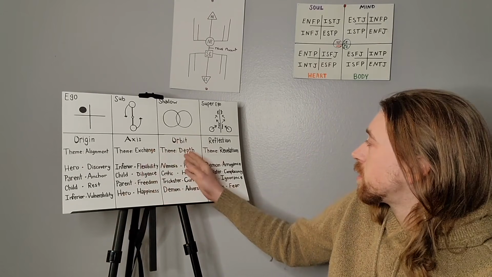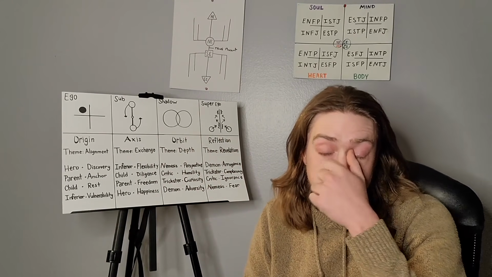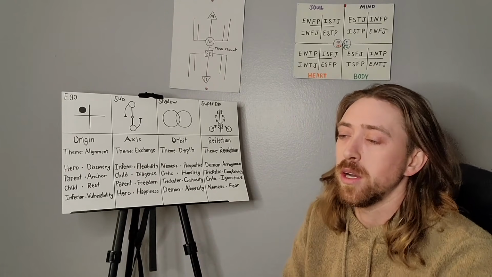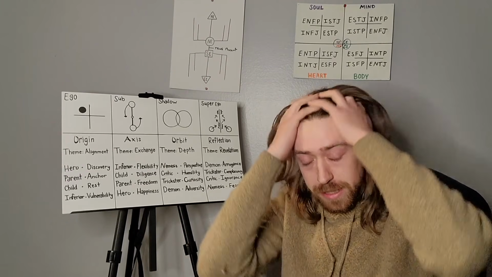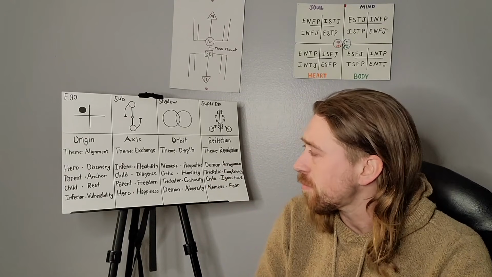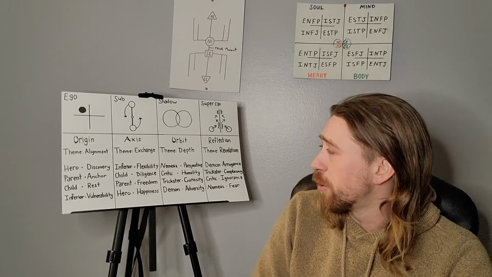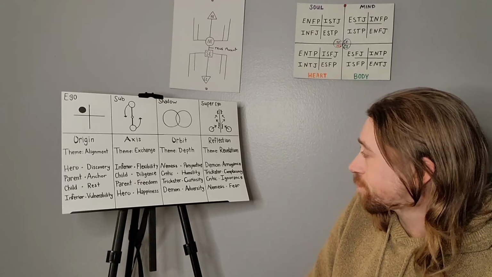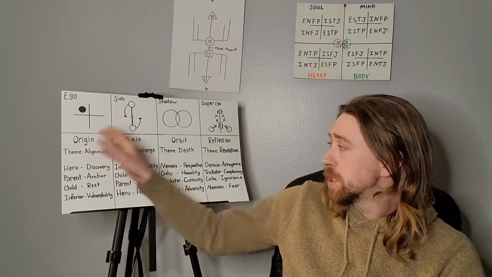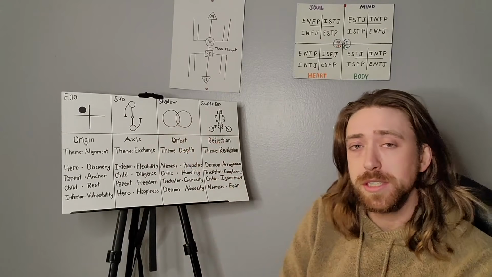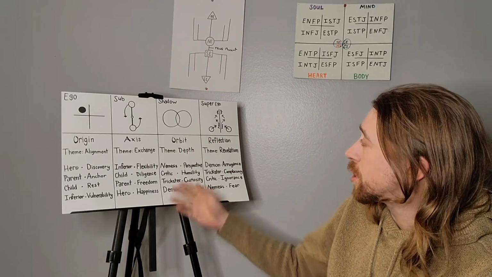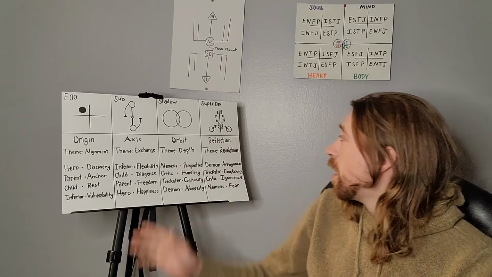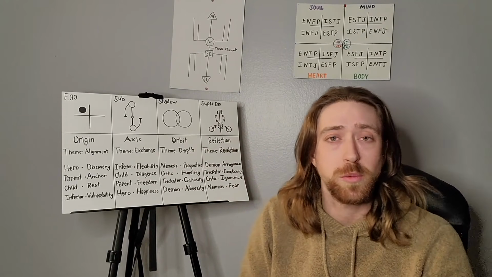As well as axis, orbit, and reflection, the three basic concepts we've been discussing on how the four sides of the mind interact with each other. What we haven't really talked about before is the ego, the point of origin. So you have ego, which is the origin, the subconscious, which is axis, the shadow, which is orbit, and the superego, which is reflection.